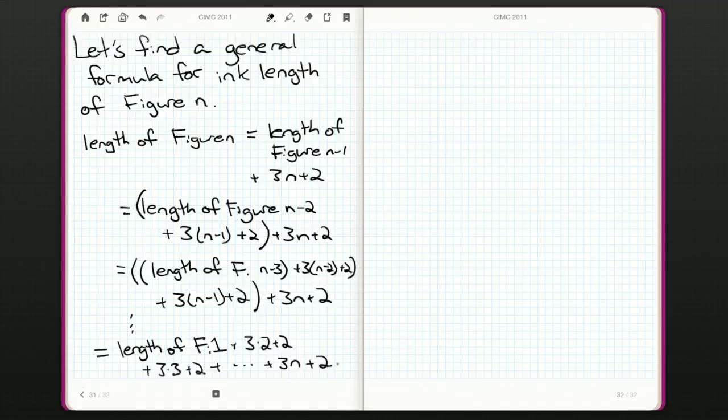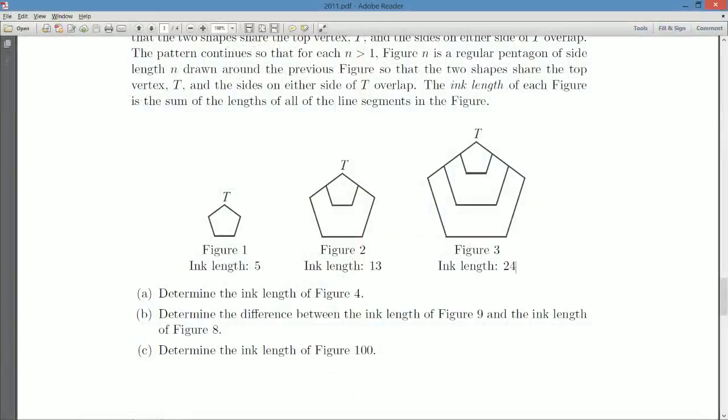Okay, well, we know the length of figure 1. That was given to us at the very start of the question. The length of figure 1, the ink length, is 5. So we can just plug that value in.